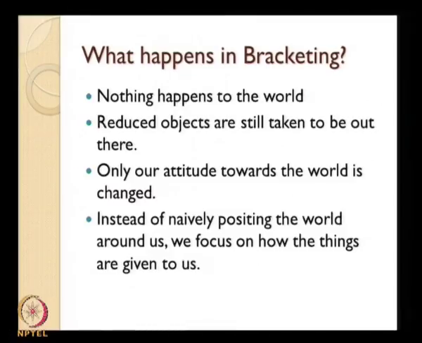Instead of naively positing the world around us, we focus on how things are given to us, how they are given directly to our consciousness. What are those aspects which we need to emphasize when we try to look at the world, when we apply the process of bracketing?